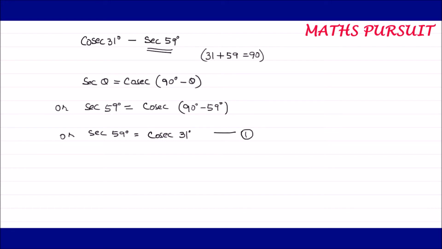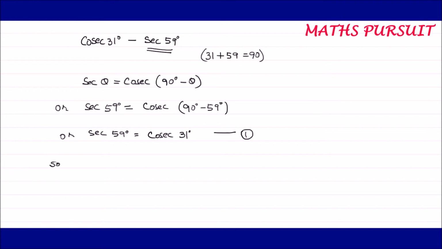Okay. Now guys, I will go to the original expression that we are evaluating, and I will replace the value of sec 59 degree with cosec 31 degree, because here we proved that sec 59 degree is equal to cosec 31 degree.